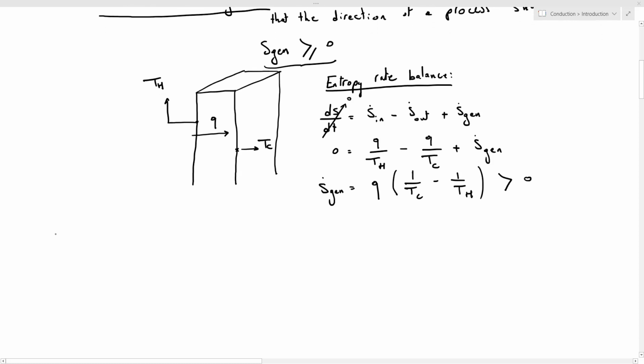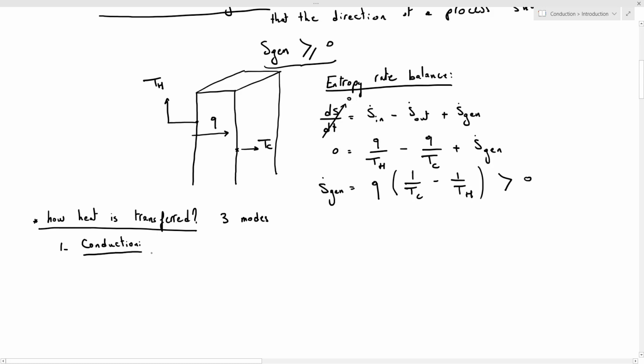Now we've answered the what question. Let's try to answer the how question: how is heat transferred? You should know that we have three modes of heat transfer. The first one is heat transfer by conduction.